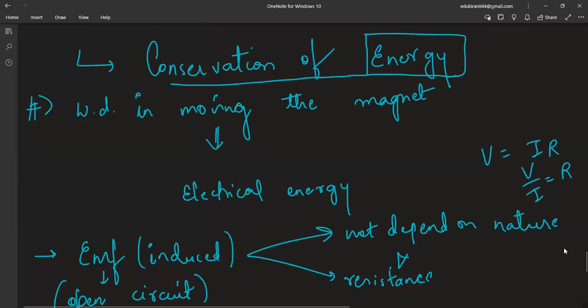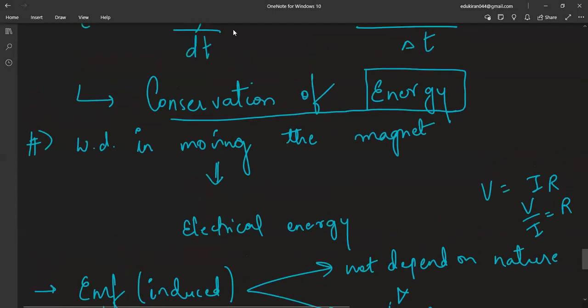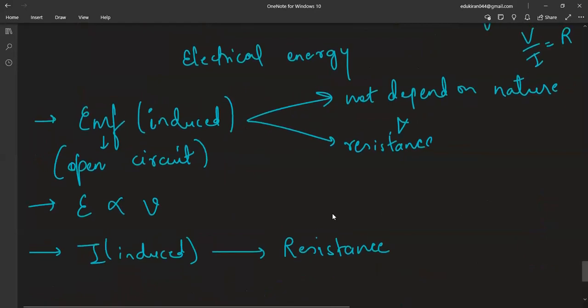Let us practice also questions based upon the formula E is equal to minus d phi over dt. EMF is directly proportional to the relative velocity. EMF and voltages are same. Electromagnetic force, which we say EMF, and voltages are same. Okay, this is basically the relative velocity.